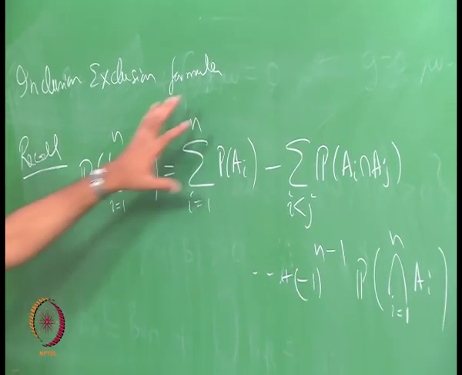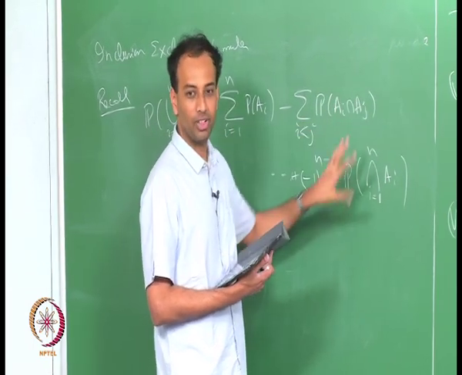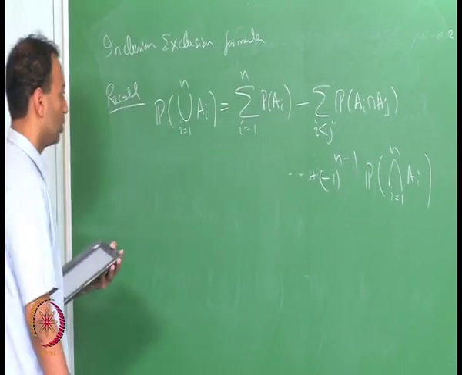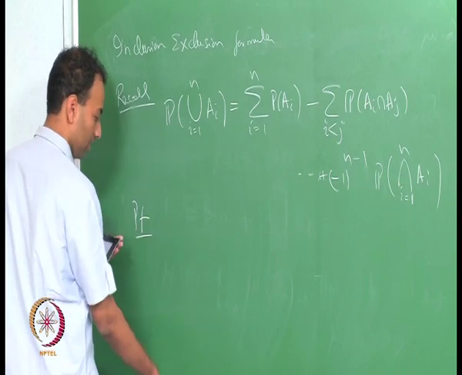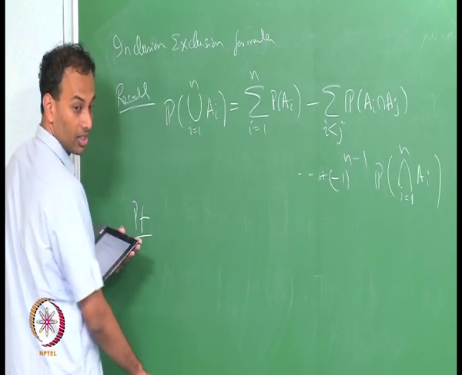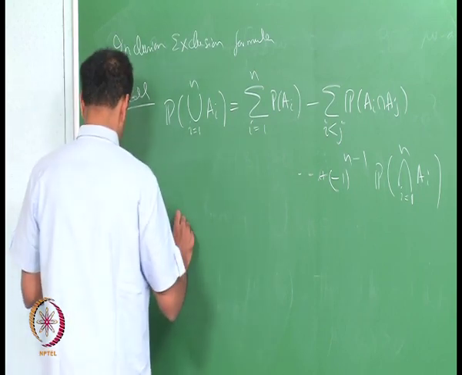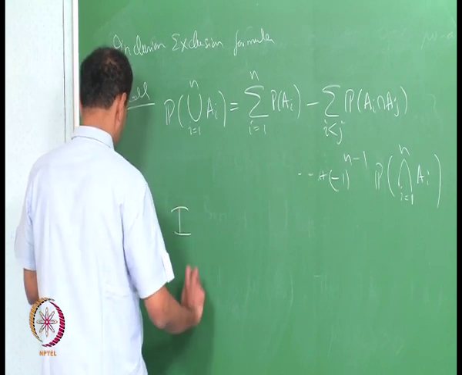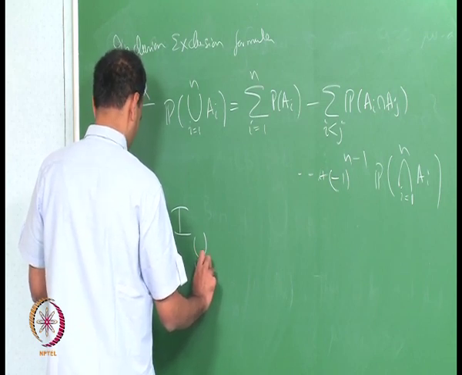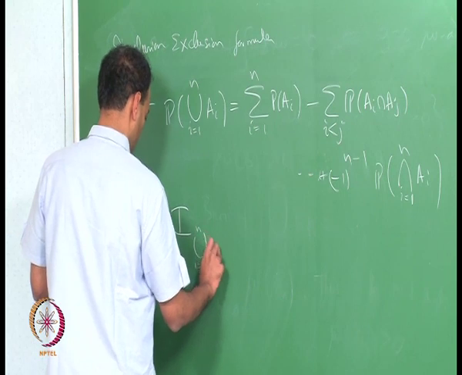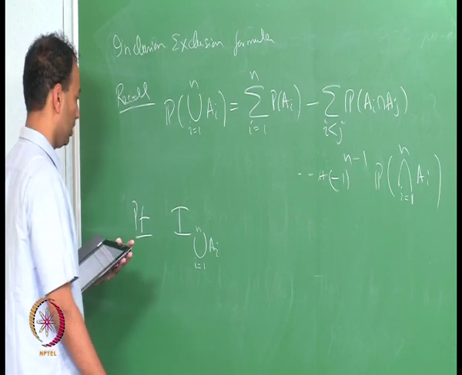So, you have to add all the probabilities, subtract the probabilities of intersections 2 at a time, add 3 at a time, subtract 4 at a time, and so on. In order to prove this, I am going to finish it here. This is all the space we will take. You will agree with me that I am looking at the indicator of the union event.